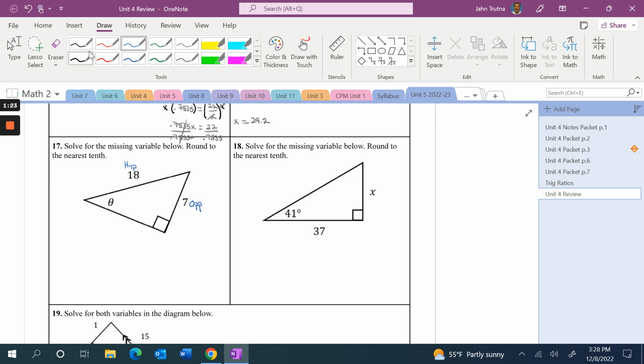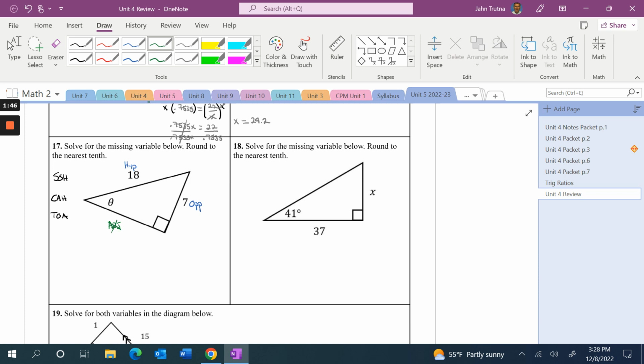Okay, so when I look at the definitions of sine, cosine, and tangent, and I'm just going to write SOHCAHTOA right here, you can see that in this particular problem, this third side right here, which is the adjacent side, is irrelevant to this problem.